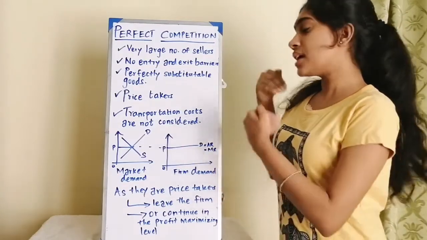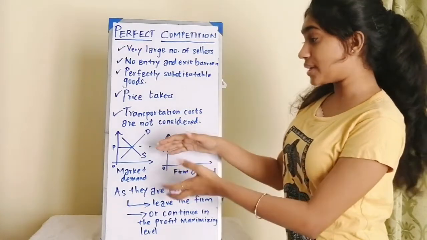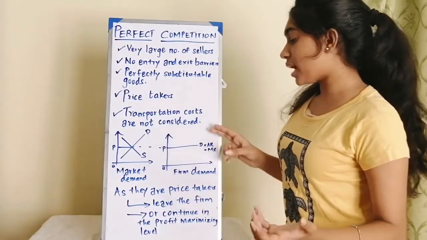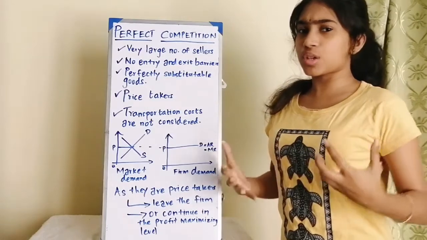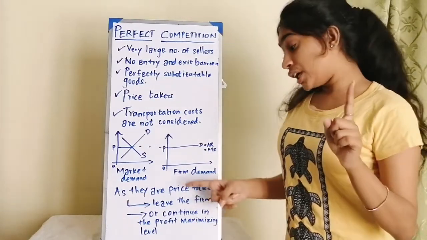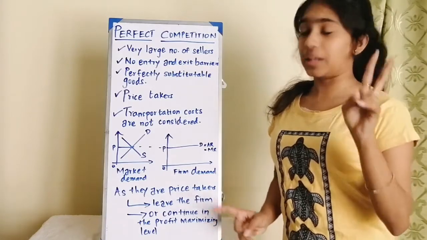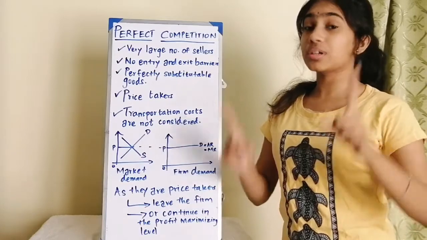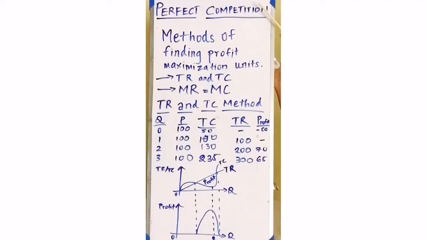We can see how that happens in the upcoming sessions. So this is the problem. After facing these two problems, either he should leave the firm or he should continue at the level of profit maximizing units. We'll find out how this happens in a perfectly competitive market.